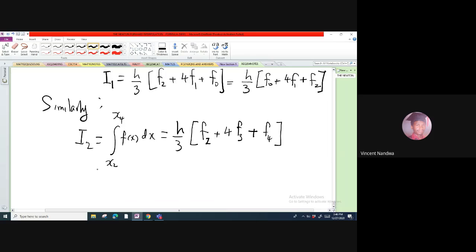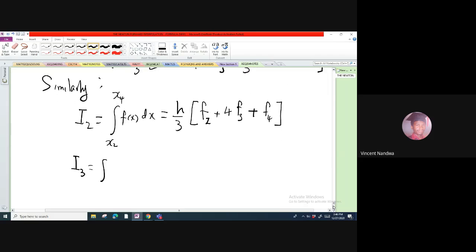And then I3 will be the integral from x4 to x6 of f of x dx, which is h over 3 into f4 plus 4 f5 plus f6.